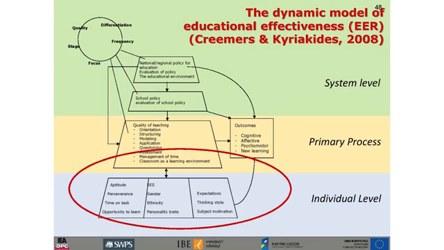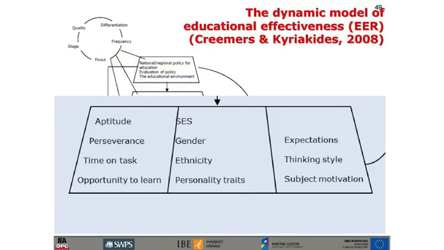And the lowest level is the individual level, and this has also really a lot of different dimensions and variables included. So those are, for example, the individual personal characteristics and family background characteristics such as gender, ethnicity, socioeconomic status, personality traits, but also things that occur or are related to the classroom practices directly, like time on tasks.